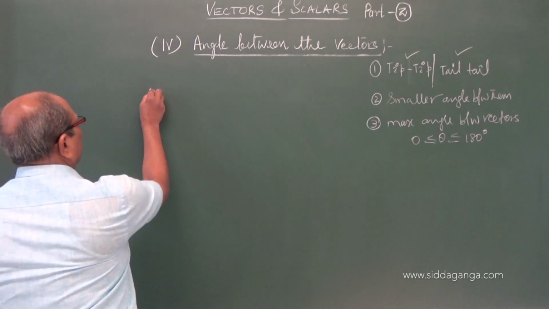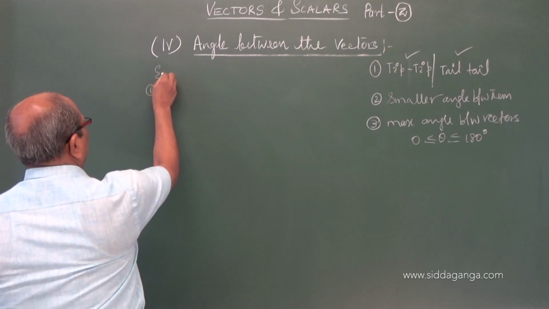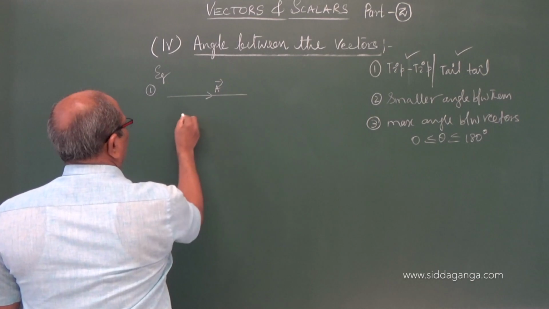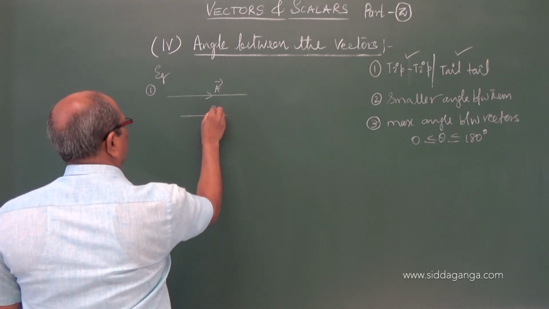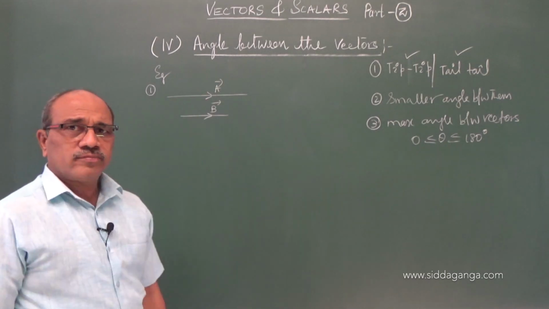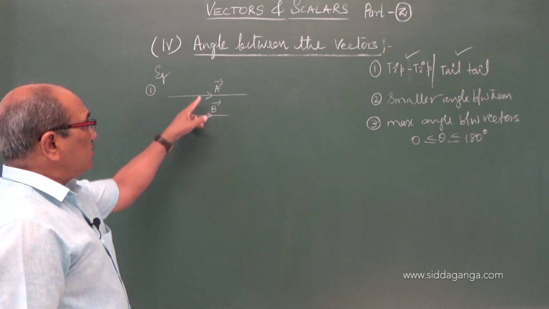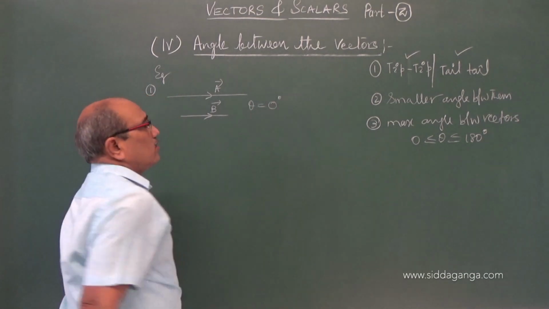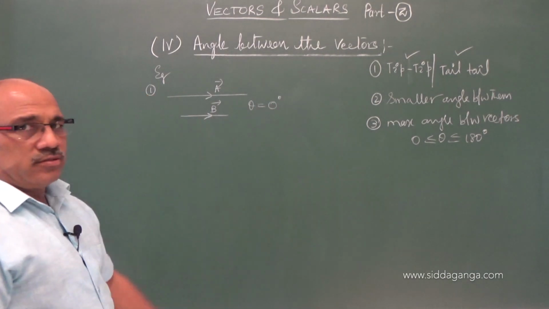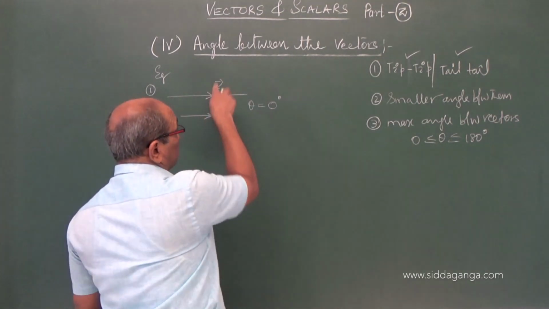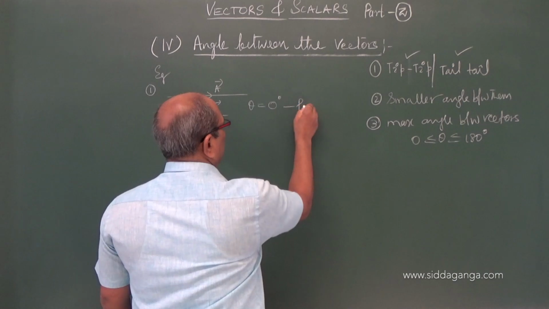Let us take an example. If one vector is A and another vector is B, maybe of different magnitude here, but what we are seeing is the angle between them is 0 degree. Their line of action is parallel. Such vectors, later we come to know, are called parallel vectors.